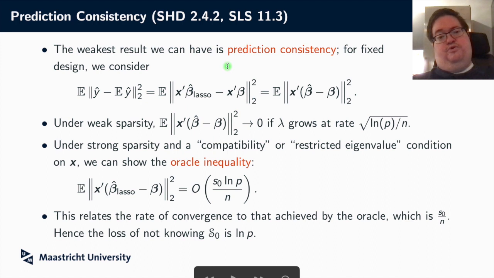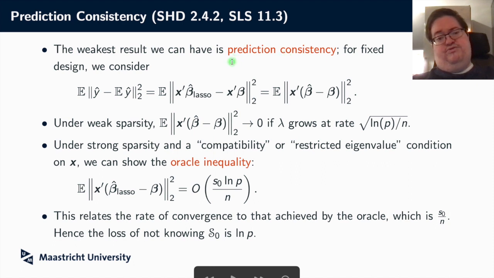Let's look now at our first result, which is called prediction consistency. It's a form of consistency, but it's a bit different than the regular parameter consistency that we usually consider. Parameter consistency says something about beta hat for beta; here we don't do it directly on the betas, but on the predictions.